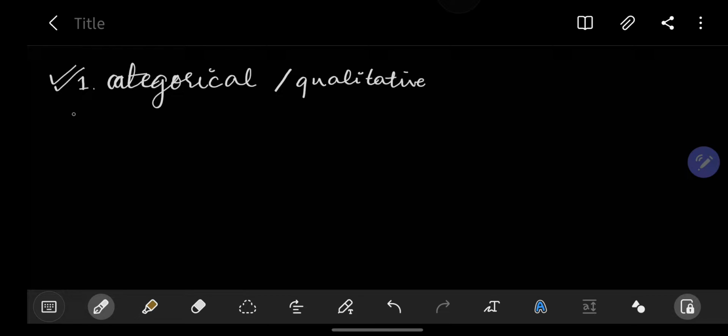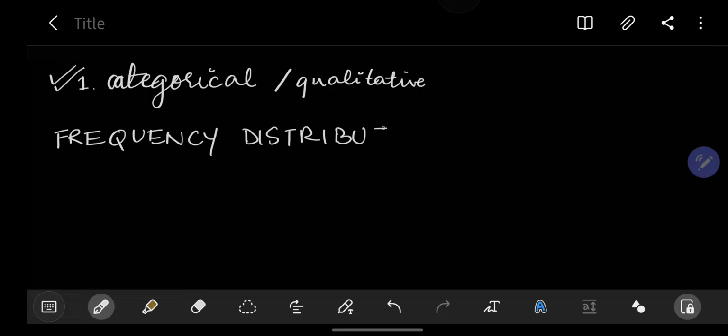The frequency distribution of qualitative data is a listing of distinct values and their frequency. These values can be a variable count.